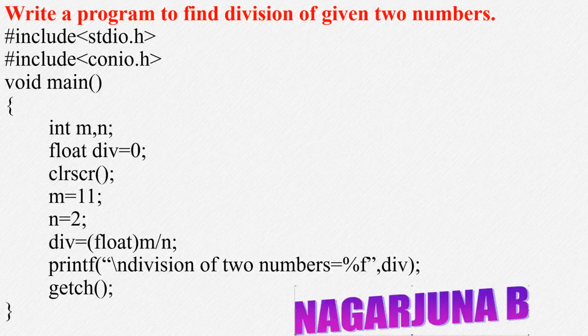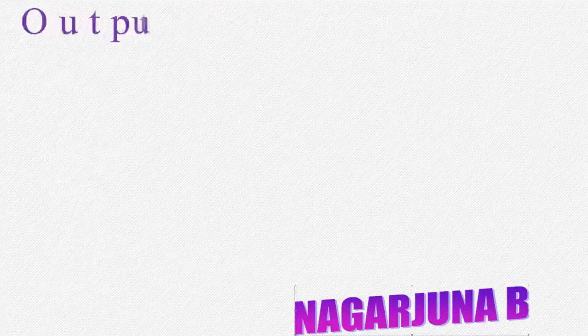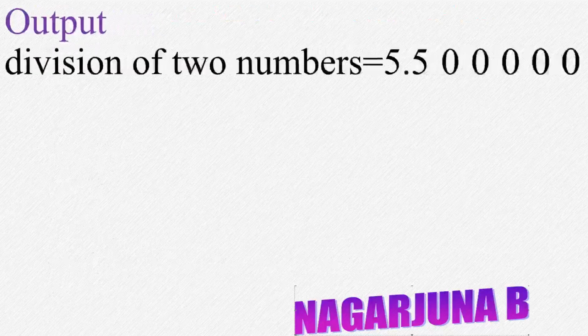For that purpose I am converting m to type float, or else you can declare all m, n and div of type float and you can write the program. Then this type of conversion is not required. This is how the output will appear when we execute this particular program.